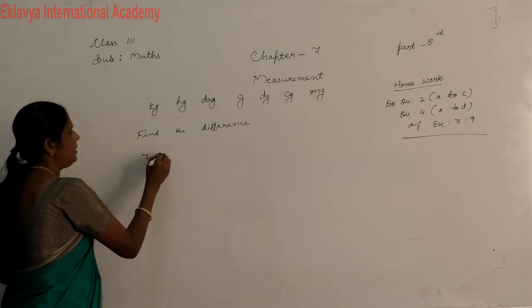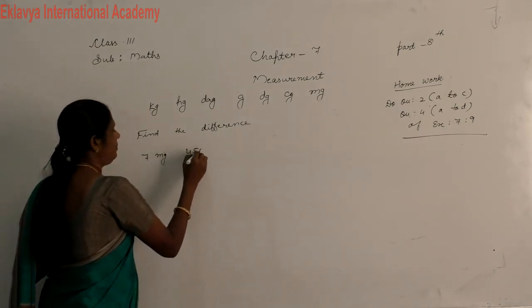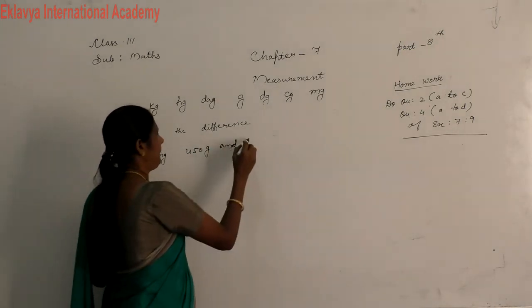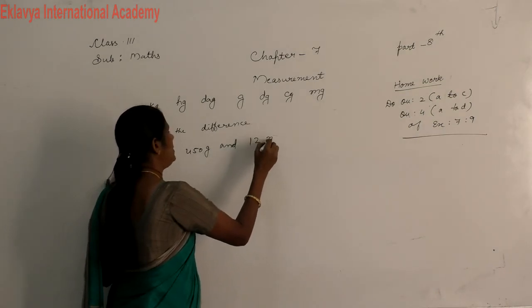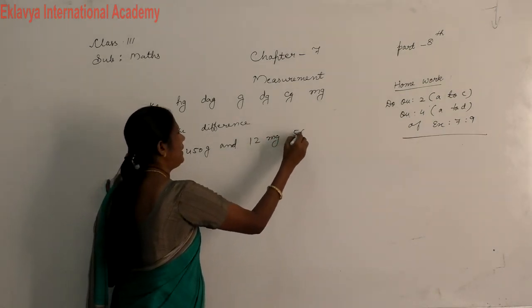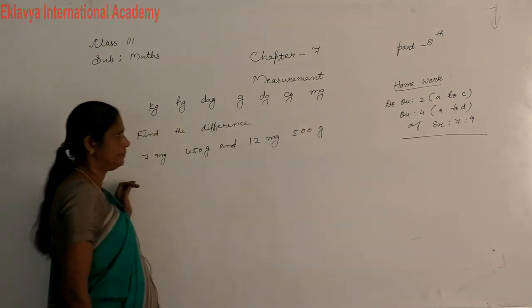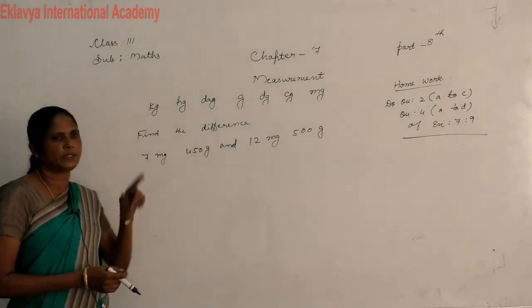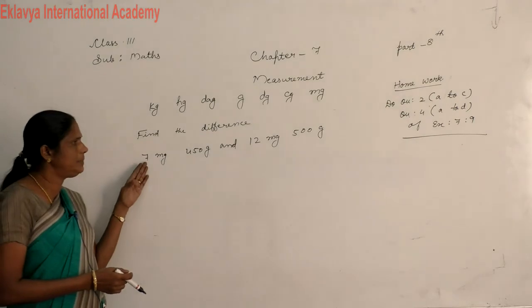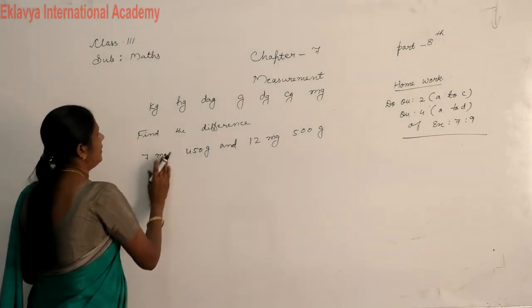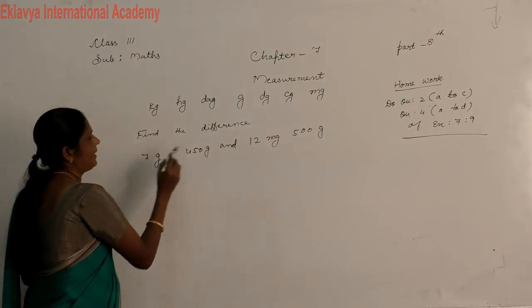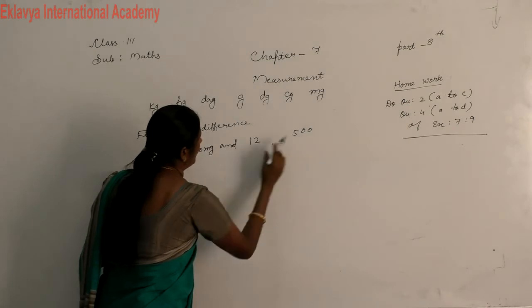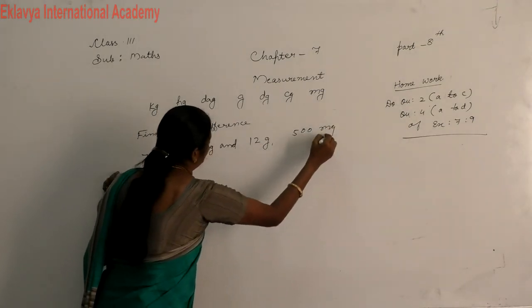7 gram 450 mg and 12 gram 500 mg. Again you look here, find the difference. Here gram and mg, here also gram and mg.